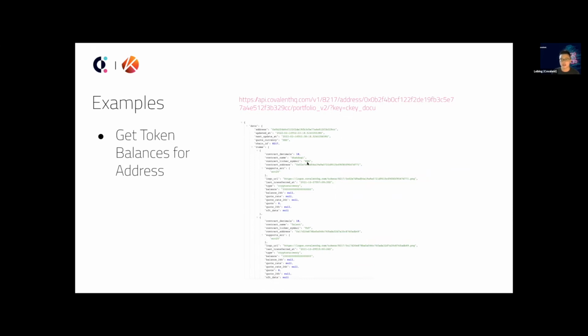You see here that this address actually holds KDG. How much of it? This amount of it. You need to divide that by the contract decimals, sorry, to get it in the standard unit. And then it holds the talent token and et cetera, right? I didn't screenshot the whole thing.